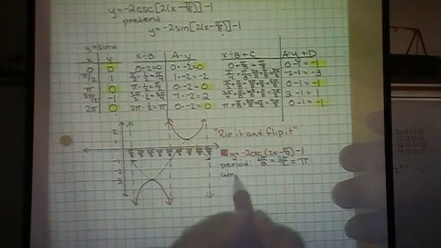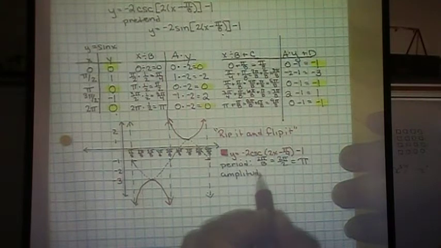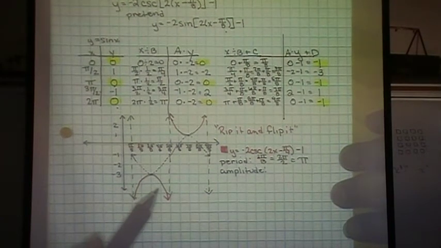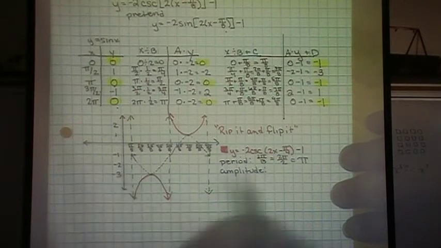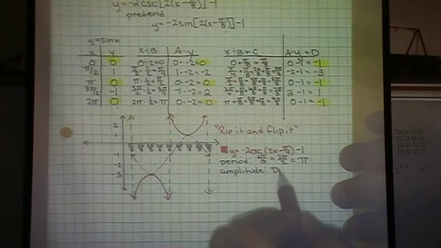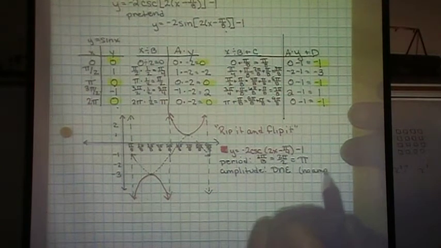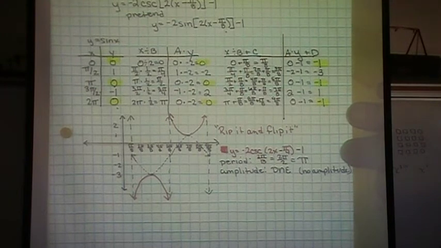Amplitude. All of our reciprocal functions, just like tangent, have no amplitude, so it does not exist. So the only thing that has amplitude is sine and cosine. Everything else does not have an amplitude.